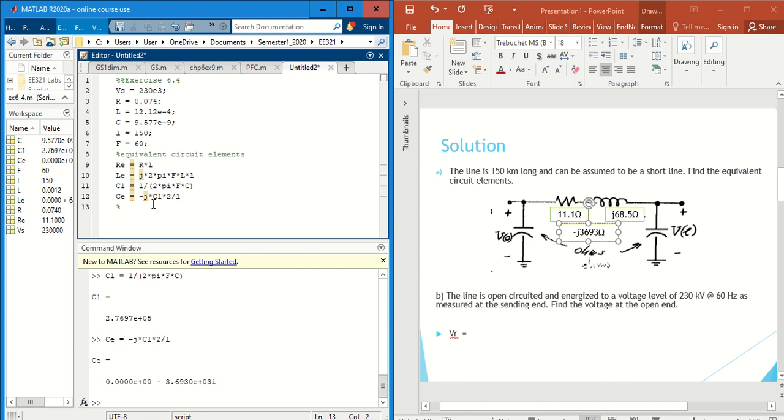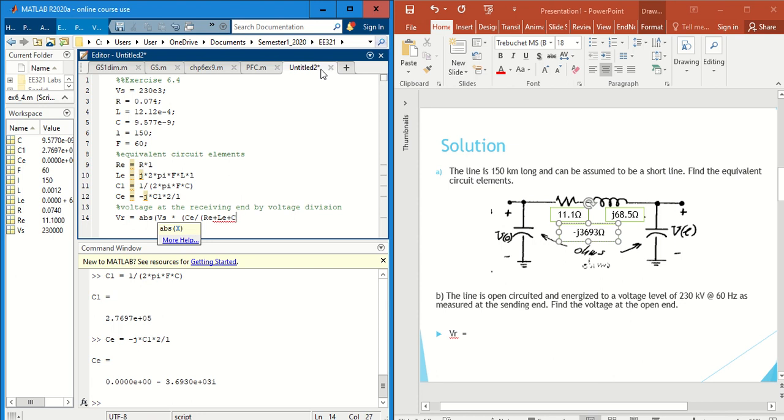We are going to get this using the voltage division rule. So VR, the receiving voltage, is equal to the absolute value, which means the magnitude, of Vs, the supply voltage, multiplied by Ce, the equivalent value for C, divided by Re plus Le plus Ce, the total impedance.